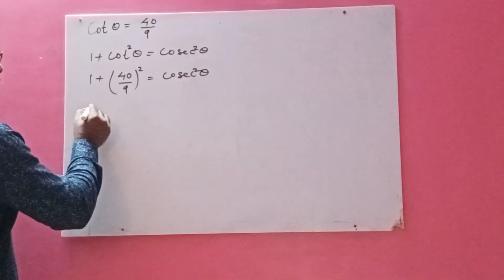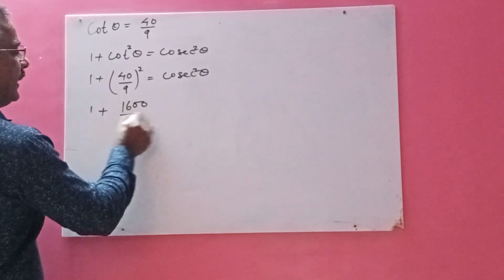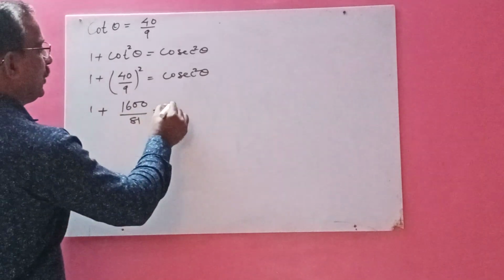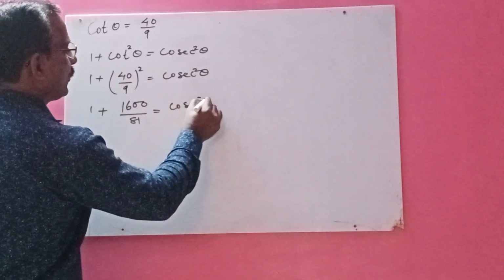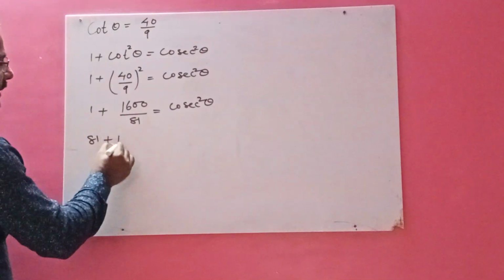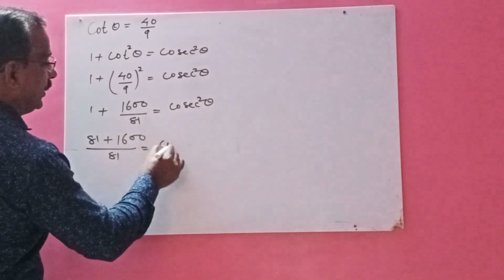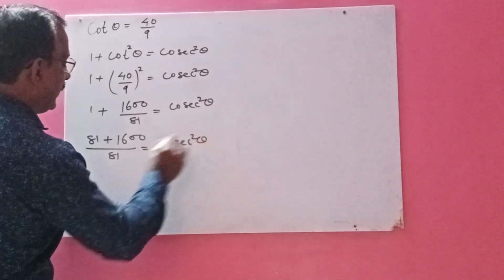Now take down the square of this. It is 1 plus 1600 upon 81 is equal to cosec square theta. Cross multiply: 81 plus 1600 upon 81 is equal to cosec square theta.